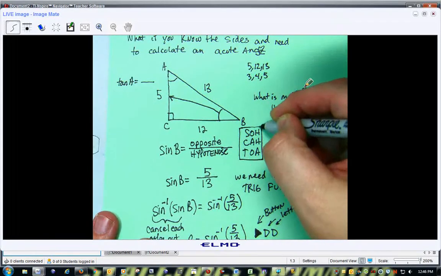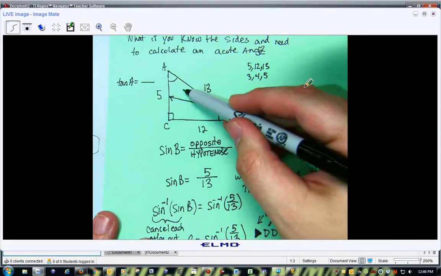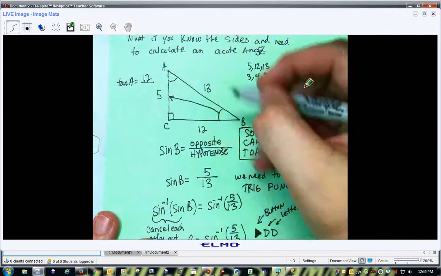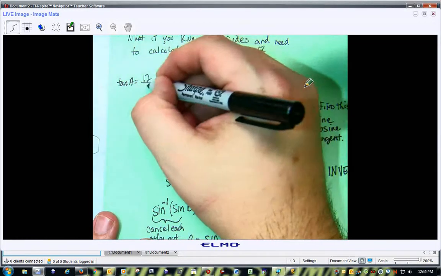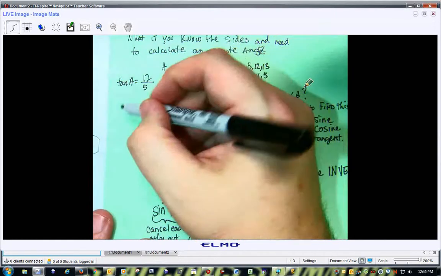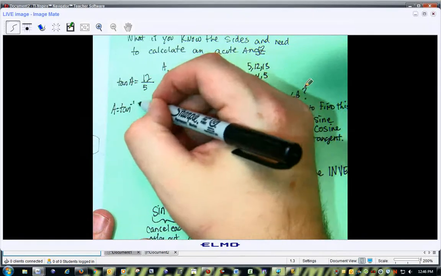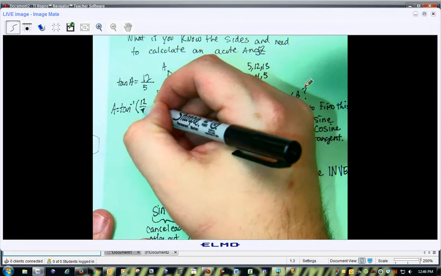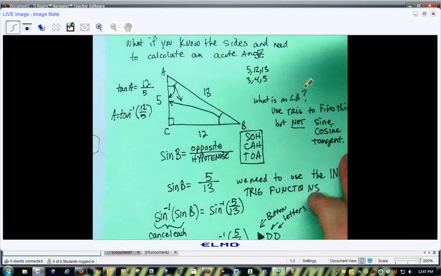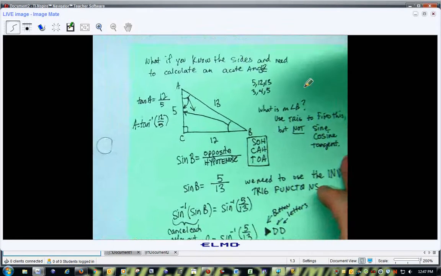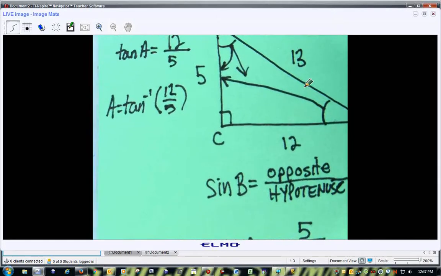So what's opposite of A? 12. And the adjacent is 5. Now, in order to find A, we just switch it over to this. A is going to be the inverse tangent of 12/5.